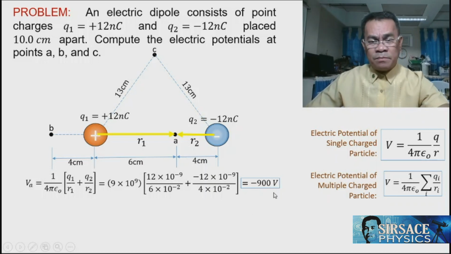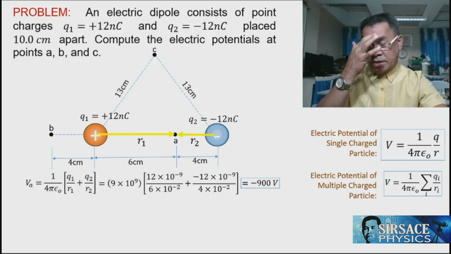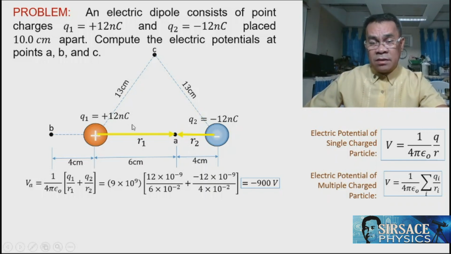Why negative? Look at the point. As I've said, the electric potential can be negative, can be positive, or can be zero. For multiple charges, because your A is closer to the negative charge, the potential is negative.